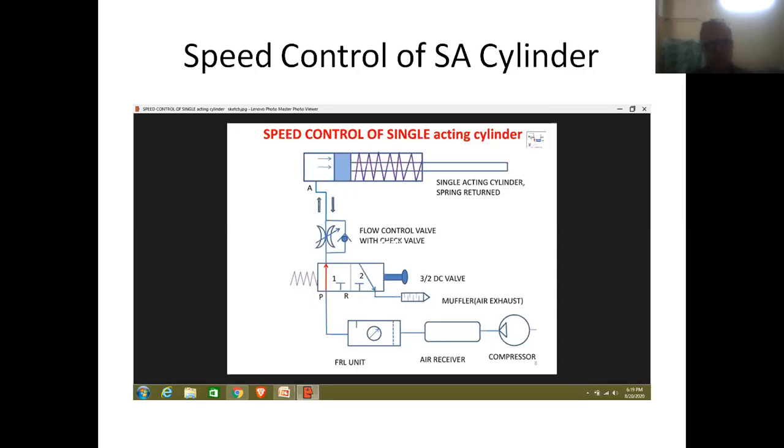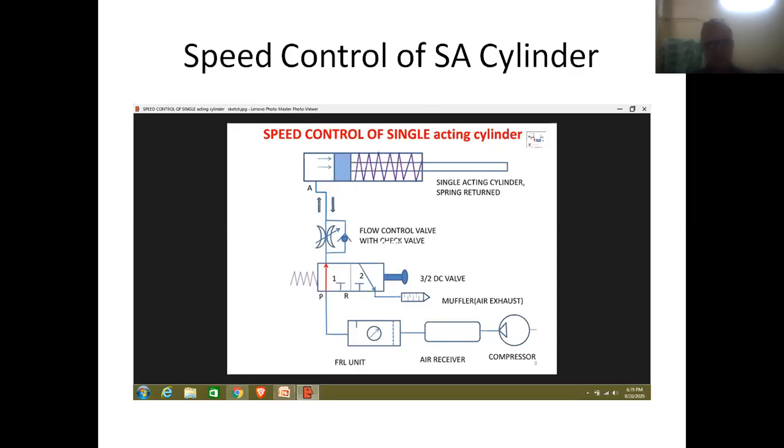By regulating the quantity of fluid, it is regulating the speed of the fluid that is entering the circuit. Therefore, it is referred to as a flow regulator, and also as a speed regulator.